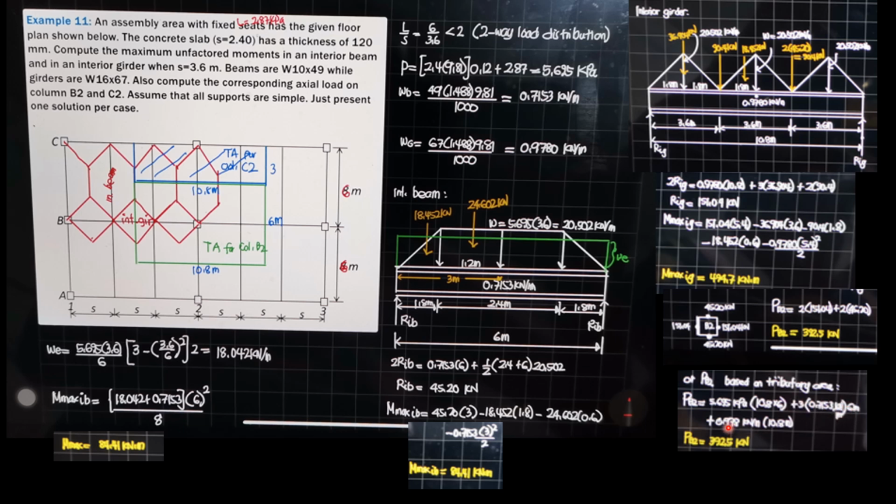Then plus the weight of the interior girder, which is 0.978 kilonewton per meter times the length of 10.8. Computing, we get the same answer of 392.5 kilonewtons.